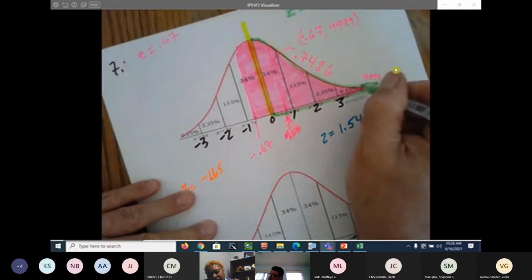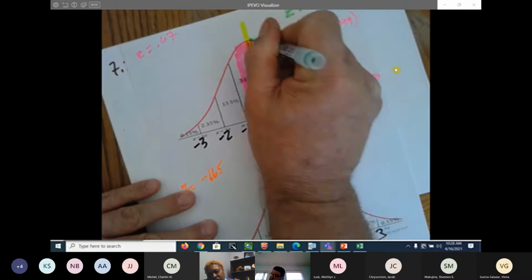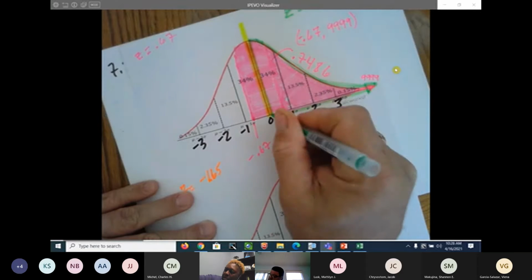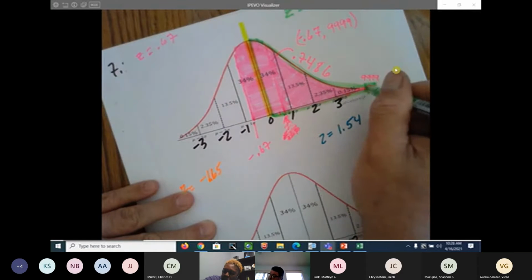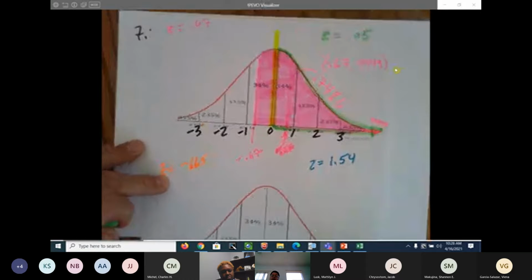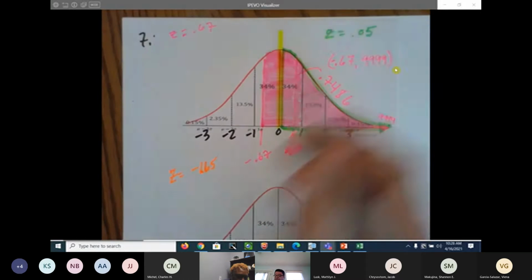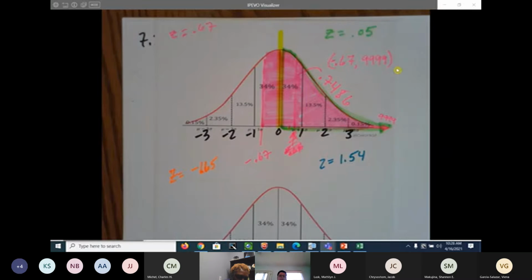I'm not going to color over that pink because it'd be a mess. So I'm just going to outline it, okay? So from 0.05 to infinity.